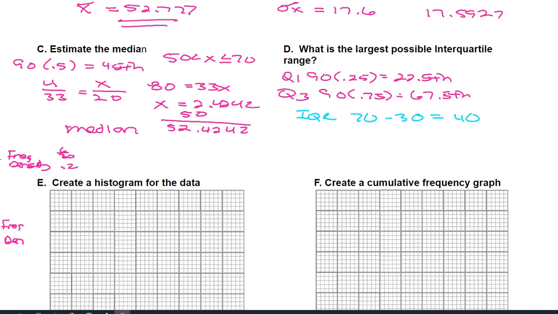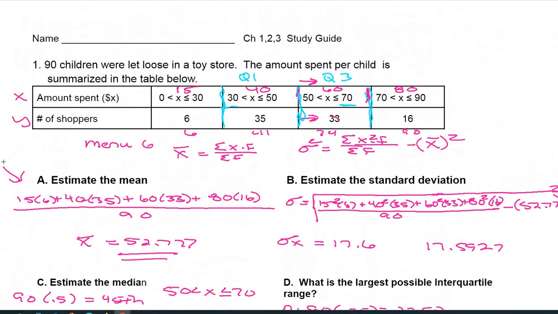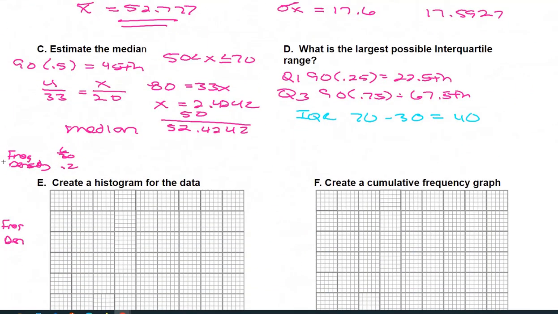And then we're going to do 35 divided by 20, and that's going to be 1.75.